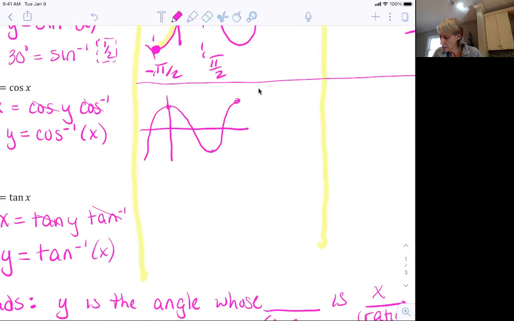For this one, mathematicians, and again, this had nothing to do with me, decided long before I ever existed, the domain of the inverse cosine is going to be from 0 to pi, with the idea that you're going to see a full set of answers, the whole range of y values from 0 to pi, positive, negative, quadrant 1, quadrant 2.